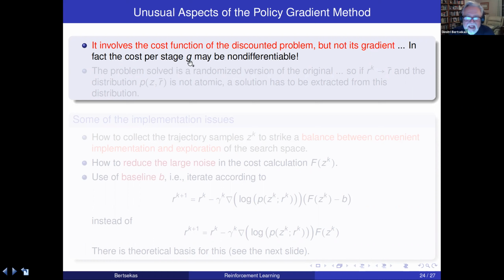So is this really a gradient method in the mold of what we know and love, like taking the gradient of the cost function? Well, it's not really. G may be non-differentiable, so you can't define gradients of the cost function.